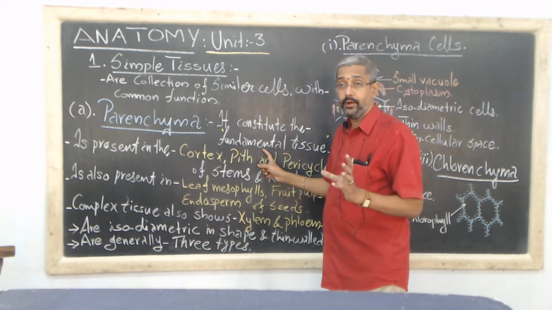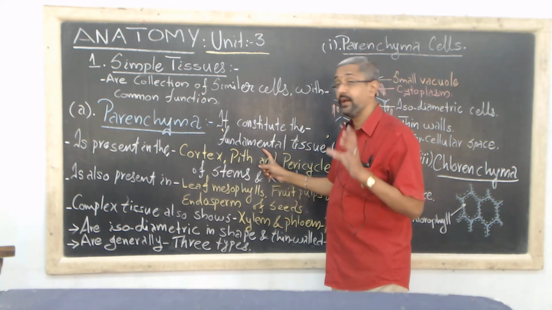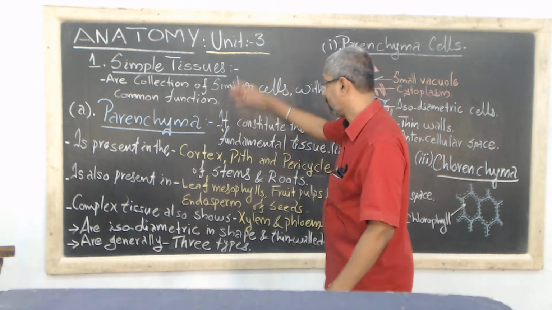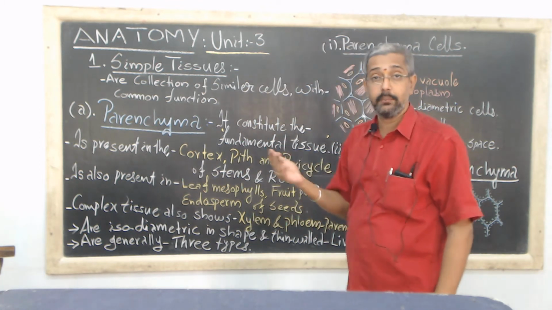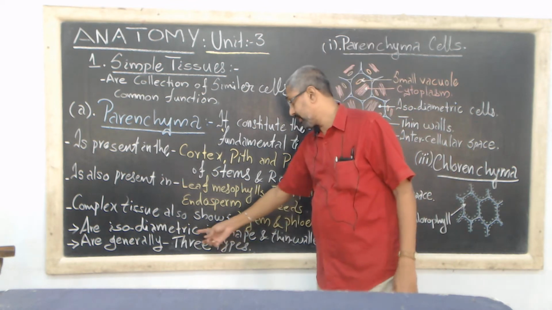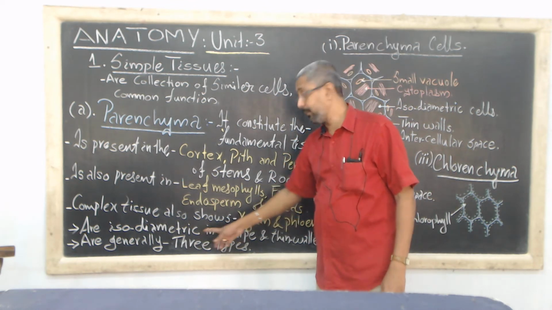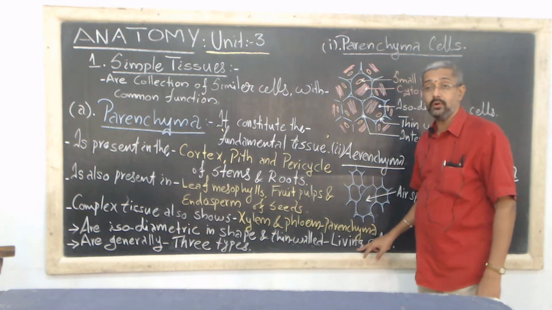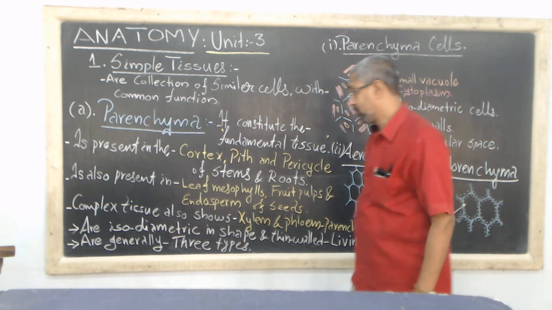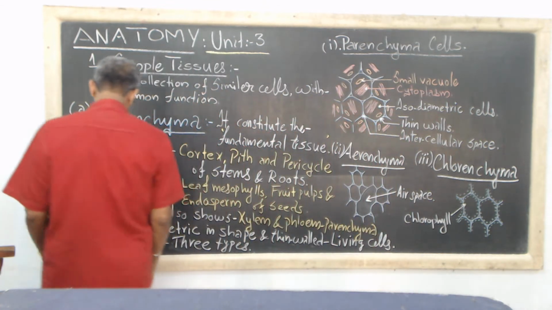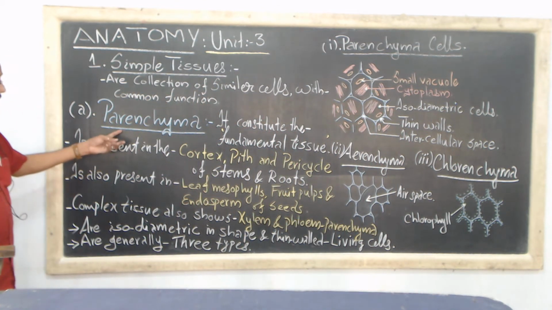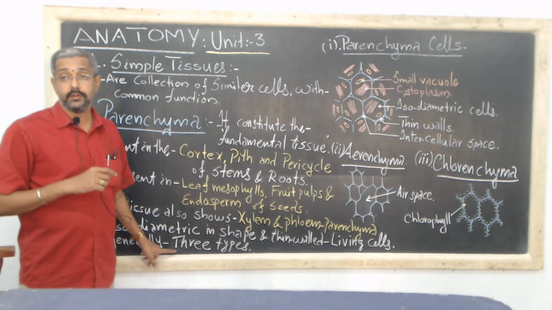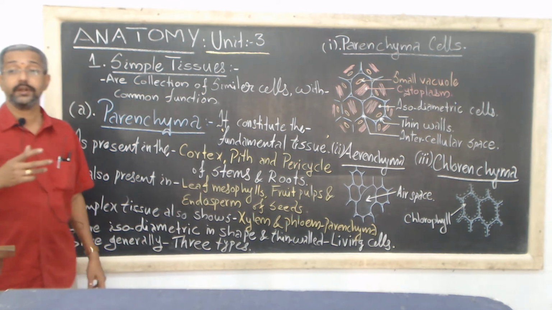In a plant body, either in root or shoot, or even in leaf or seed, it shows the presence of these parenchyma cells, structurally isodiametric in shape, thin walled, and also living cells. This type of parenchyma cell is generally organized or differentiated into three types.